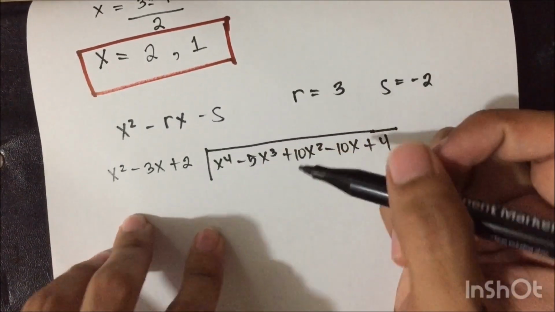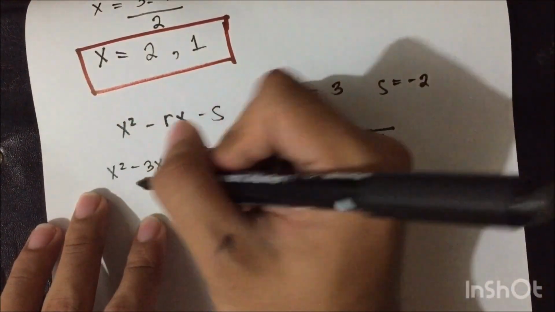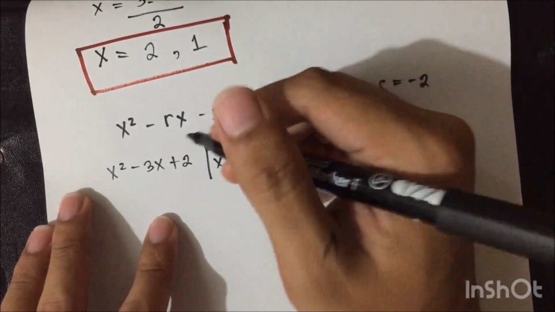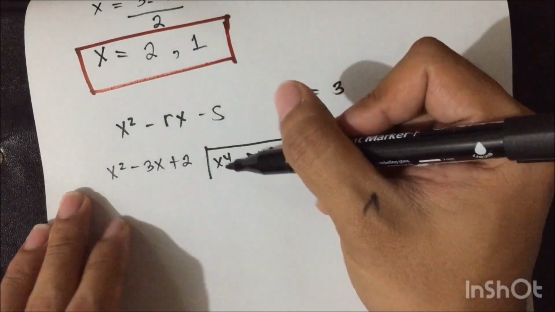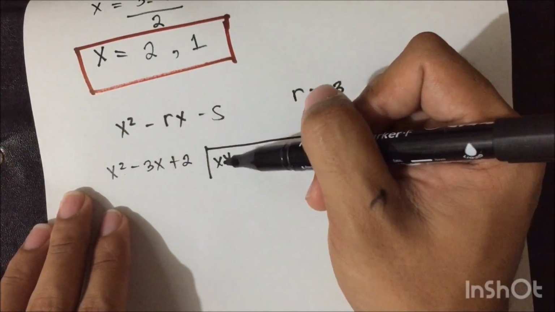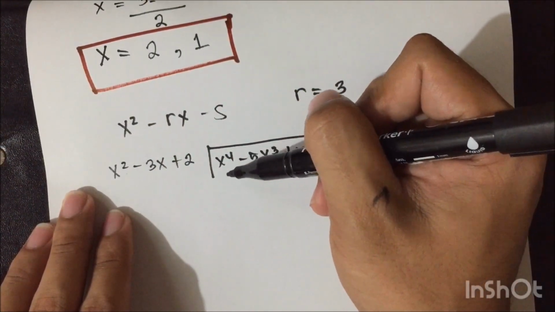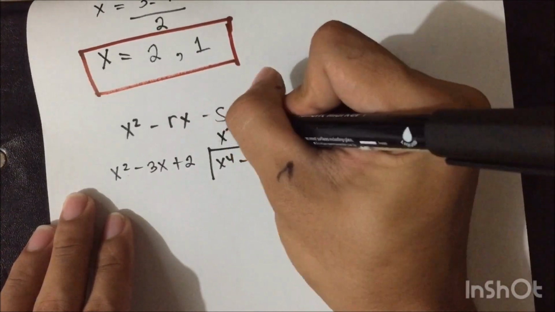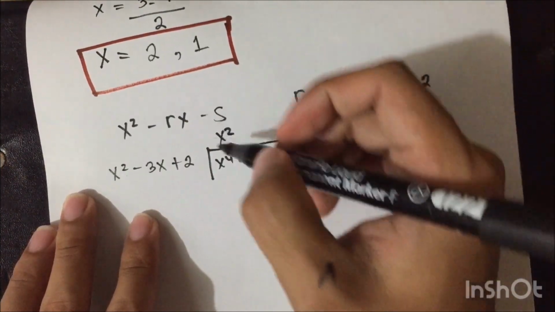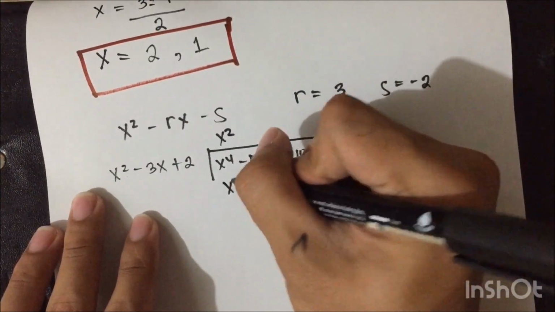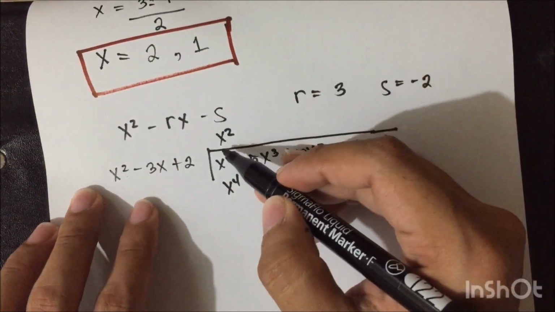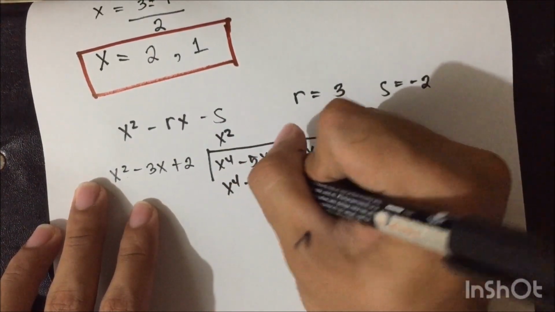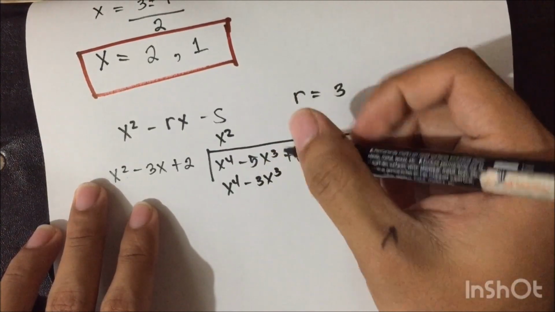So ayun, so pag-divide, kunin muna natin yung sa unang function para makancel tong term na to. So ano yung pwedeng i-times dito para makakuha ng x raised to 4, ay x raised to 2. So x raised to 2 times x raised to 2 is x raised to 4, and x raised to 2 times negative 3x is negative 3x cubed.